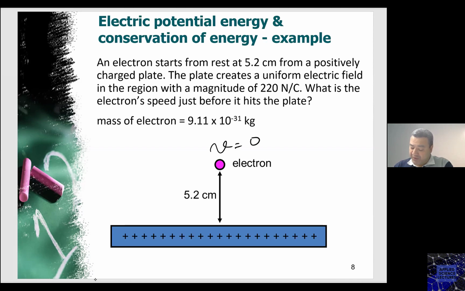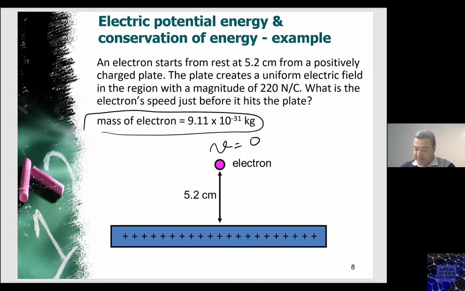This electron is 5.2 centimeters from a positively charged plate. The plate creates a uniform electric field, assuming we're very close to it, in the region with a magnitude of 220 newtons per coulomb. What is the electron's speed just before it hits the plate? The mass of the electron is 9.11 times 10 to the power minus 31 kilograms.